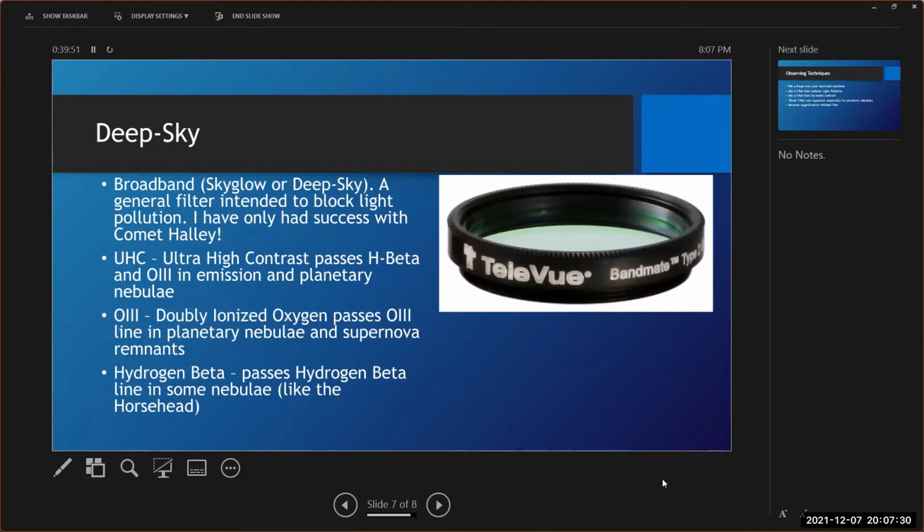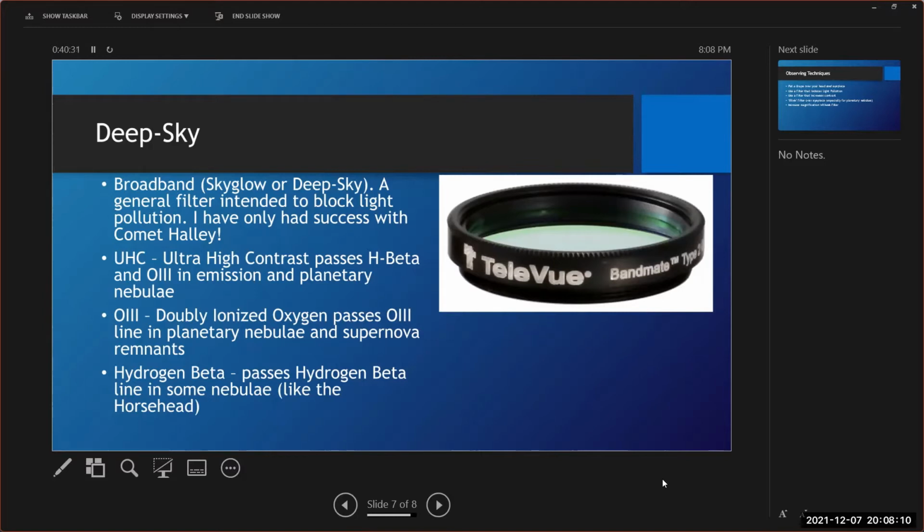The second category is ultra high contrast, and I think most manufacturers use that terminology, UHC. It passes the hydrogen beta emission line and the oxygen 3 emission line. I've got one that was made years ago by Lumicon. I've probably had this one maybe 35 years, and I still use it.